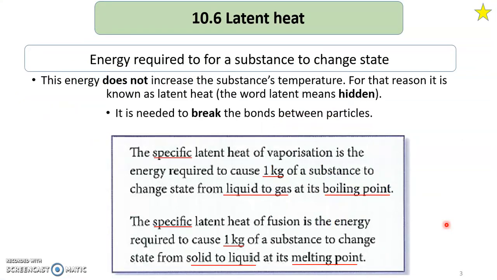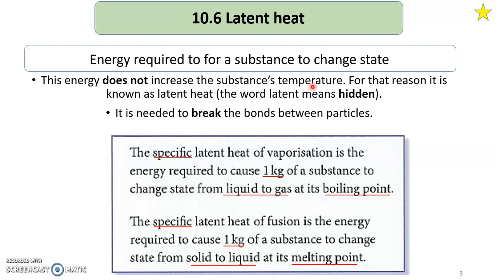Okay, let us look at what latent heat actually is. Latent heat is the heat energy that is required for a substance to change state, either liquid to gas or solid to liquid. When we supply energy during this period, the substance temperature remains the same.